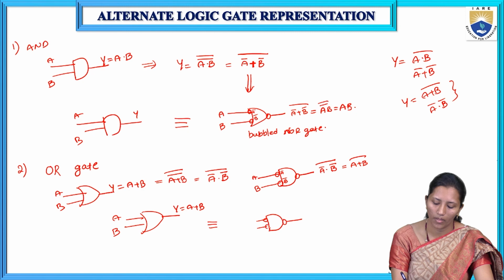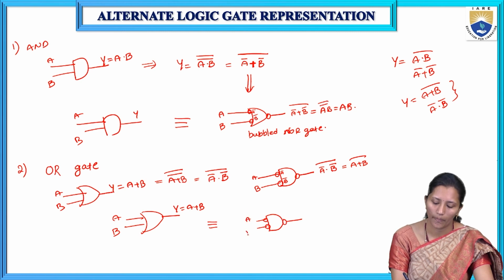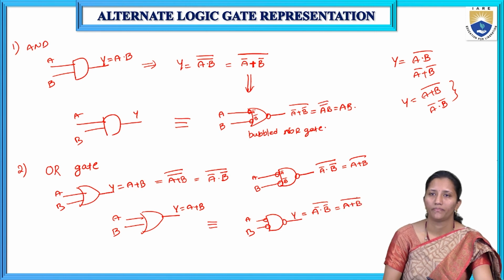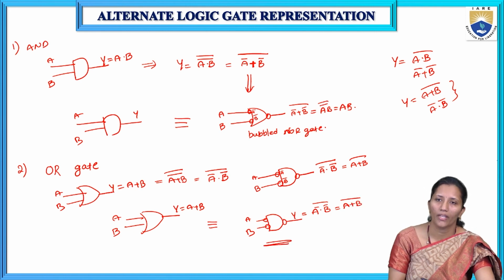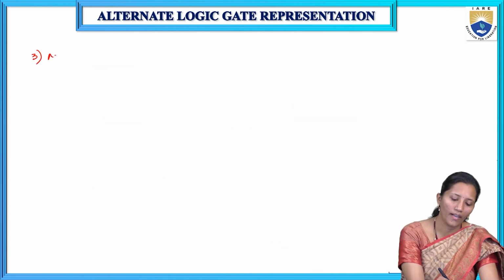If we don't have any bubbles at the input and output side, and it is OR, we have to draw AND and add bubbles at the input and output side. So A, B, Y. This is the equivalent circuit, that is (A bar dot B bar) whole bar, which is nothing but A plus B. So this is the equivalent circuit of the OR gate. Third one, NAND gate.